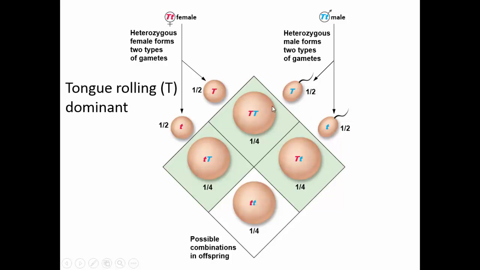If we do the Punnett square, we will find that there's the probability that three of their offspring will be tongue rollers, and one of their offspring will be unable to roll their tongue. Now, because this is a heterozygote mating with a heterozygote, this phenotypic ratio of 3:1 is always going to show. This is an important ratio to remember as we start talking about recessive genes and recessive diseases.